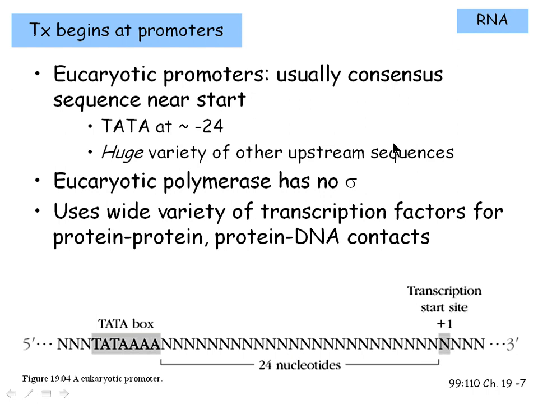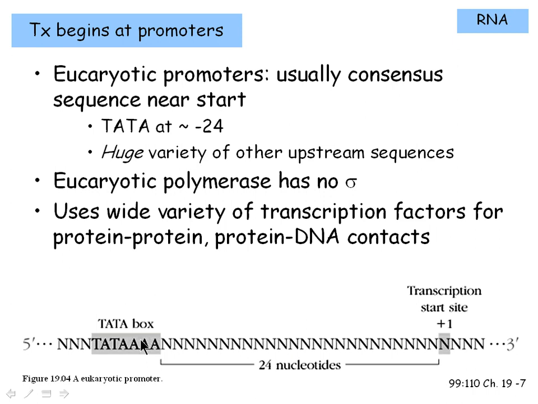In eukaryotes, transcription also begins at promoters, but promoters are a little bit more complicated in eukaryotes than in prokaryotes. Again, the start site is called the +1. In eukaryotes, there is a TATA box, TATA, goes on a little longer, at about -24, so it's further upstream than the TATA box in prokaryotes.